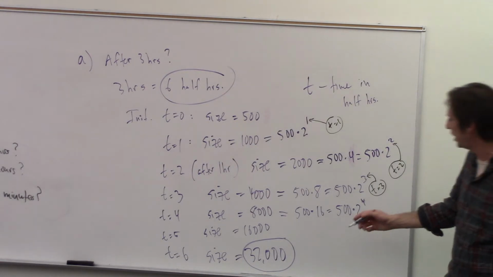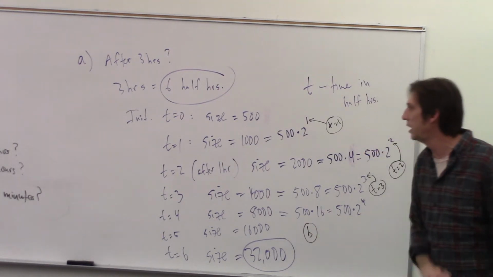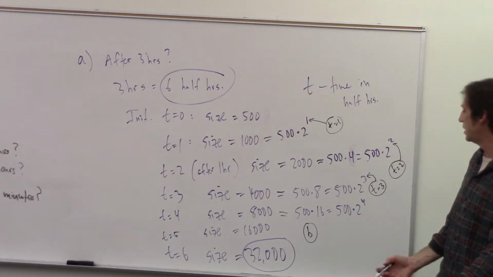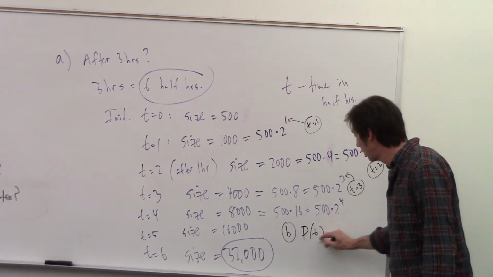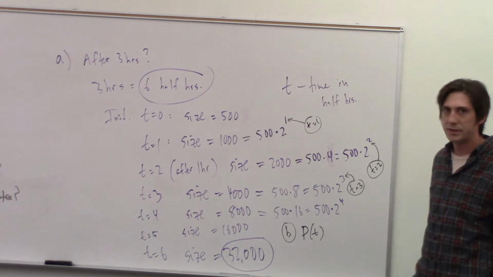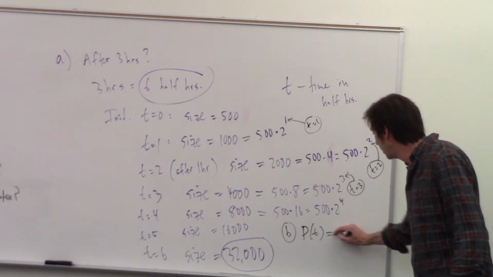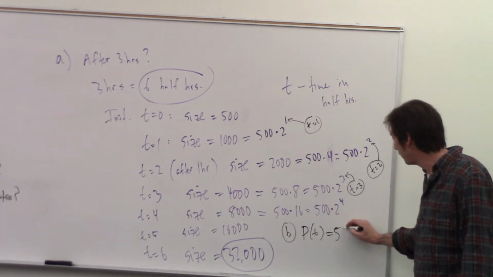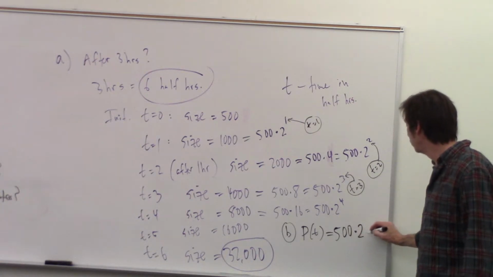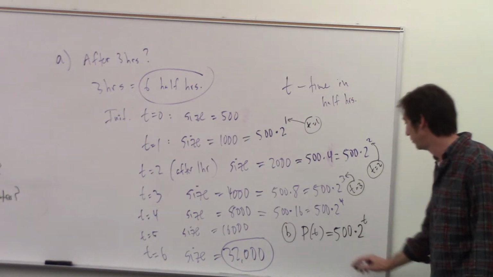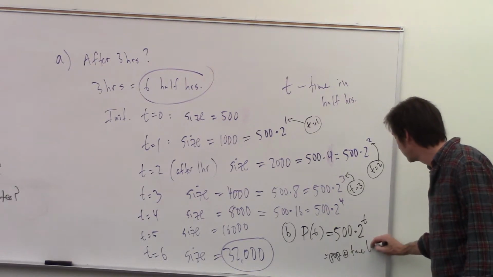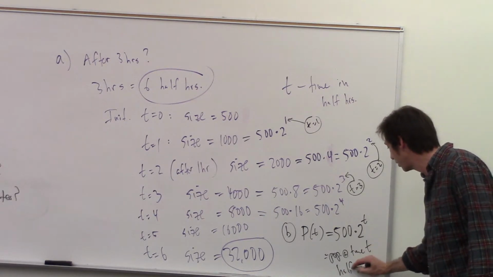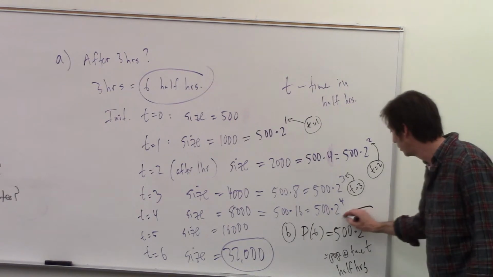And so the answer to B, if I want to know how many bacteria there are after t hours, I'm going to write it as a function, p of t, which stands for the population size at time t. What's the pattern here? It's 500 times 2 to the t. Again, this is the population at time t, where t is measured in half hours.